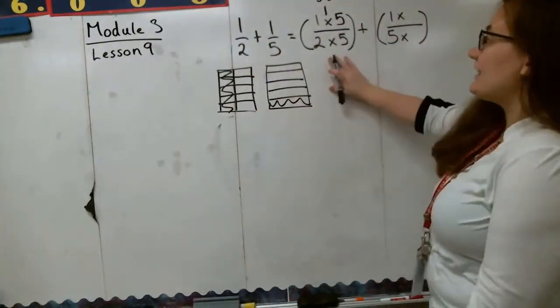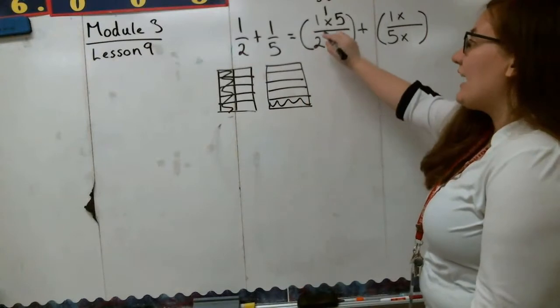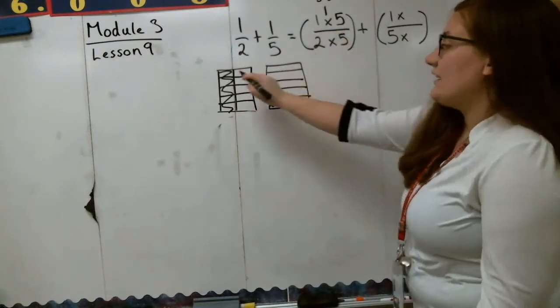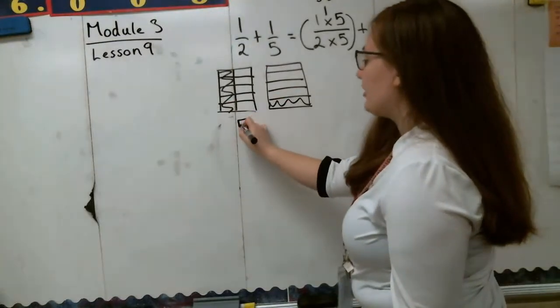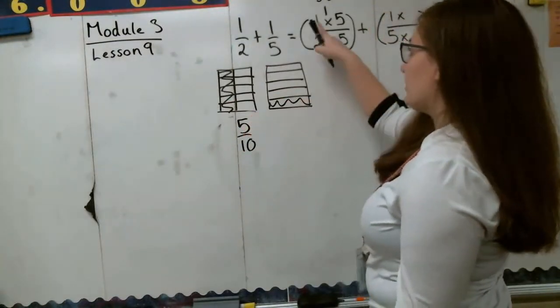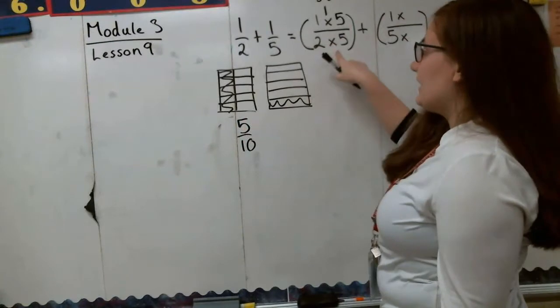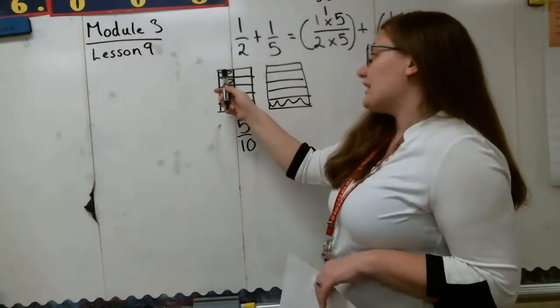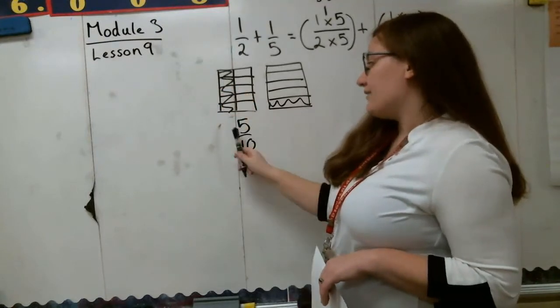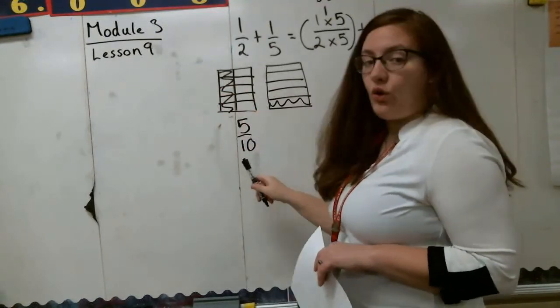And what that lets me see is that I have one group of 5, and then two groups of 5 in total, which then gives me my new fraction of 5/10, because 1 times 5 is 5, and 2 times 5 is 10. And if I take a look at my model, I also see this, because I have 1, 2, 3, 4, 5 out of 10 in total.